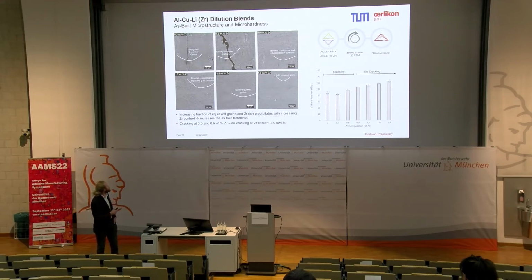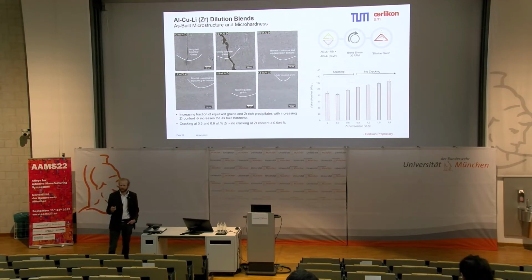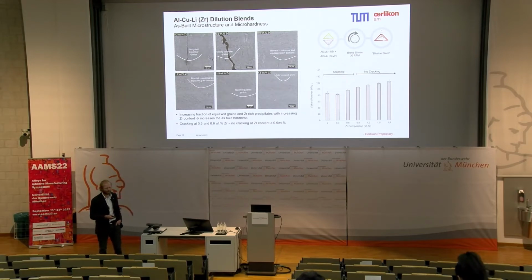Of course, we've seen from the literature that by scanning very slowly, for example with the 2024 we saw in Giuseppe's presentation, even without grain refiners, we can still generate a crack-free microstructure.